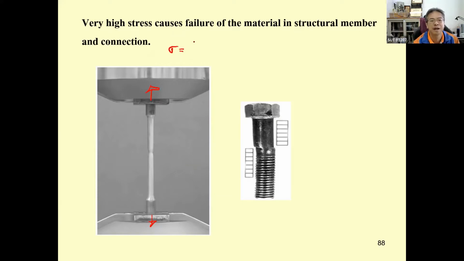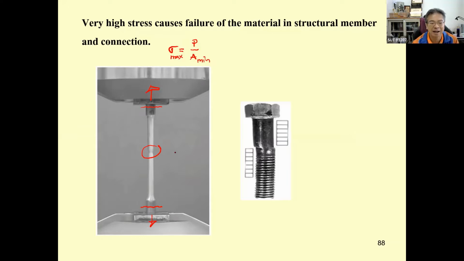That's going to be the force divided by the area. And you can see the failure occurs in this portion. It didn't occur in these two portions because the area A over here is minimum. When the area A over here is minimum, it produces the maximum stress in this area.